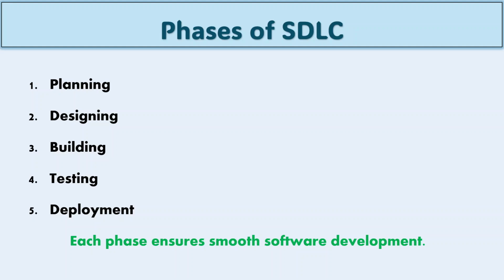Next, in the testing phase, we will be checking for bugs and ensuring functionalities are working as expected. And next is the deployment phase. Here we will be providing a release as the final product to the end users. So these are all the main key phases that play a very important role in software development lifecycle.